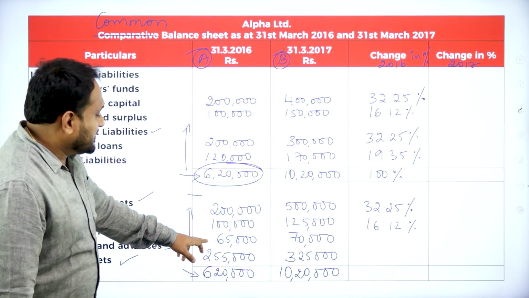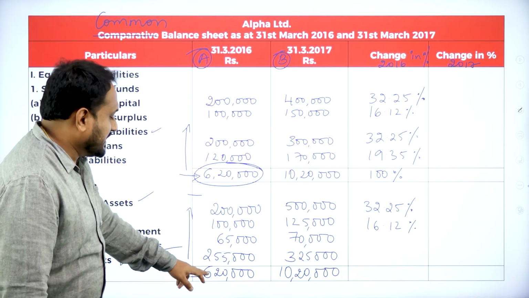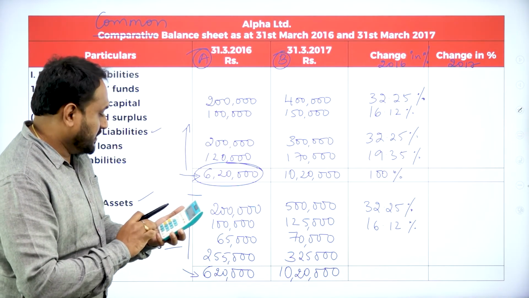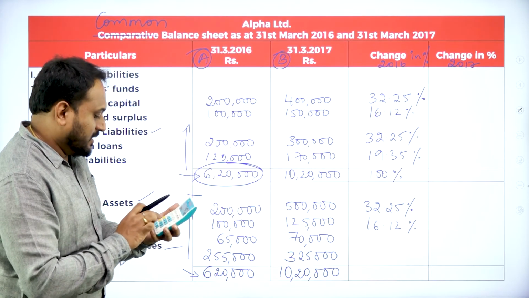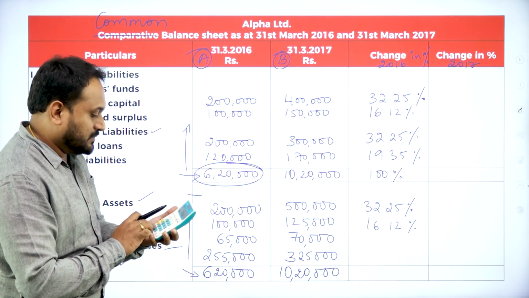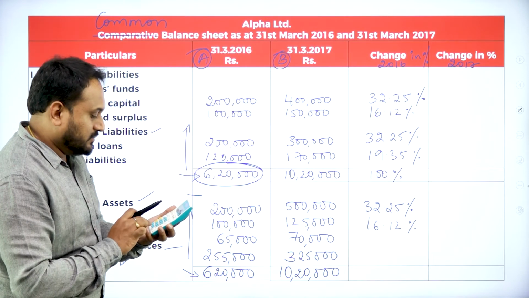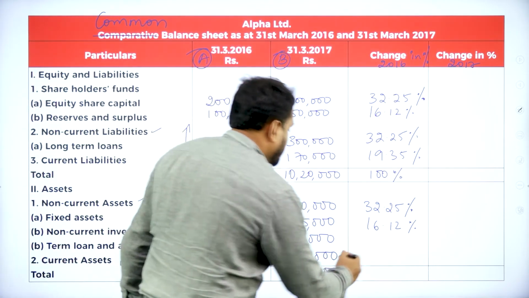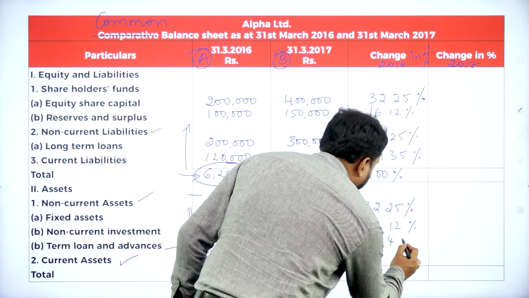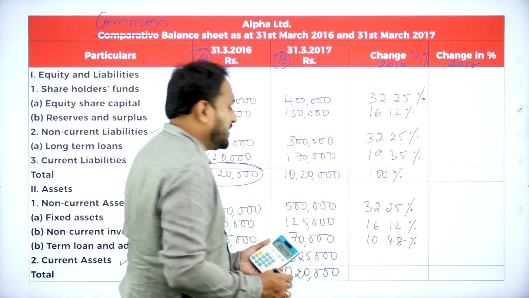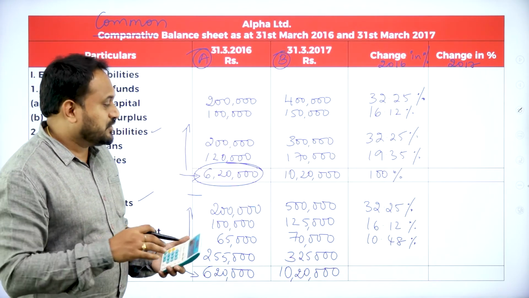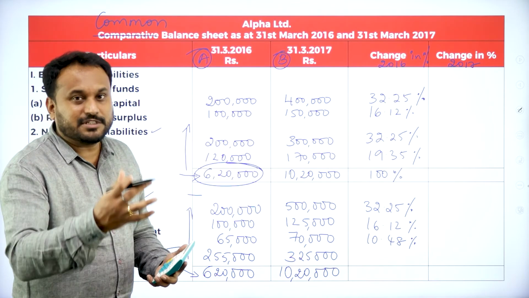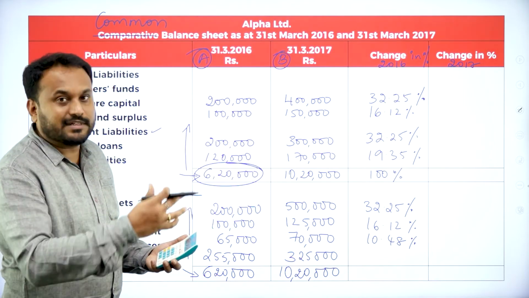Next, 65,000 divided by 6 lakh 20,000 into 100. So we got 10.48%. See, I'm not taking the complete number, I'm just going with after the point. It's only 2 decimals that we actually take.